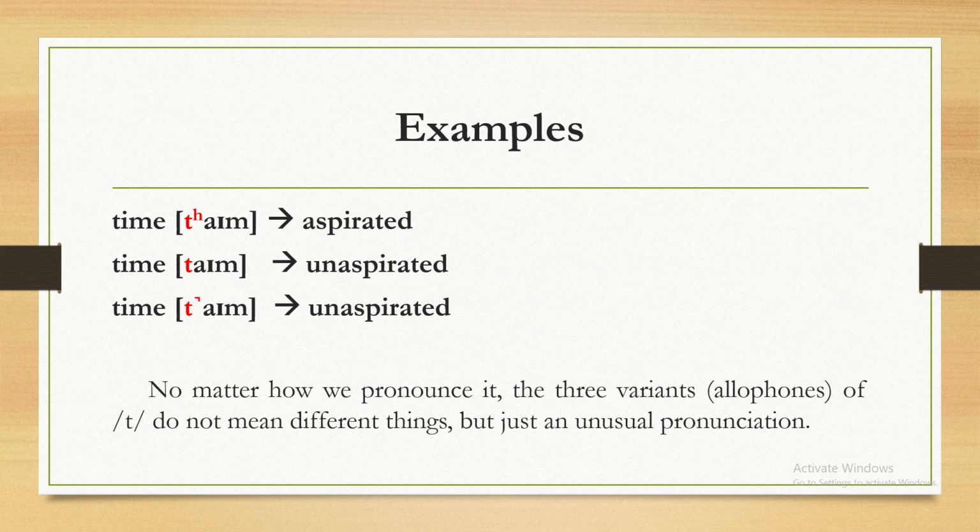For example, the word time can be pronounced with a lot of air puff, or aspirated, but we can also pronounce it without air puff, or unaspirated. No matter how we pronounce it, the variants, or allophones, of the phoneme t do not mean different things, but just sound unusual or kind of weird.